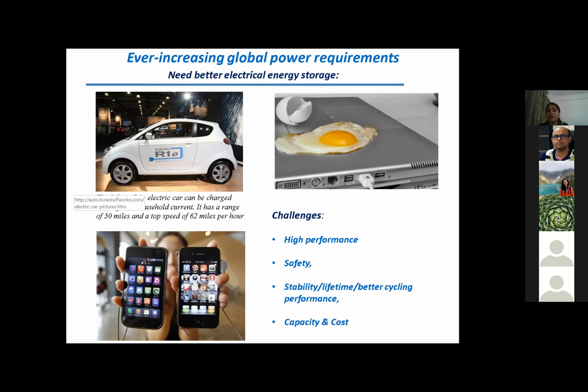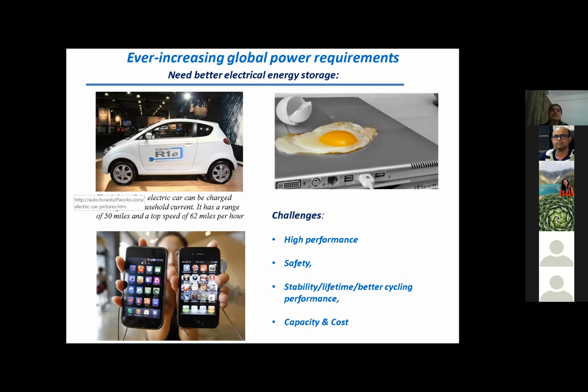And the second one is storage. Storage is also important, because if we can't store, then we cannot use it when we need it, when we cannot get it directly from the solar energy conversion system, maybe in the evening, maybe during the requirement process. We need the grid or an energy storage system for that purpose.